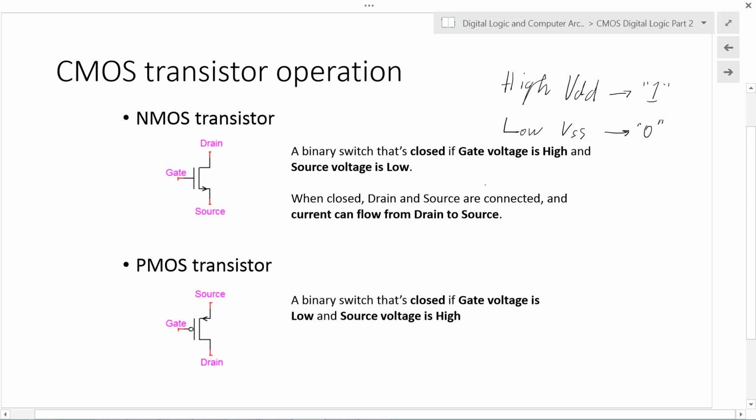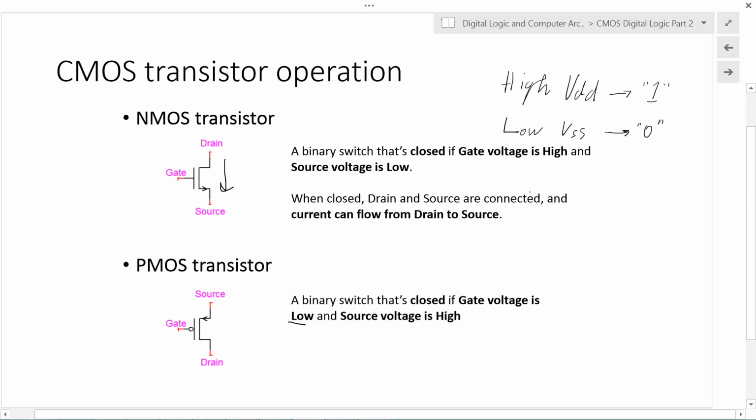So the NMOS transistor is a binary switch that's closed or connected if the gate voltage is high and the source voltage is low. When closed, the drain and source are connected and the current can flow from drain to source, like so. For the PMOS transistor, it's a binary switch again that's closed if the gate voltage is low.